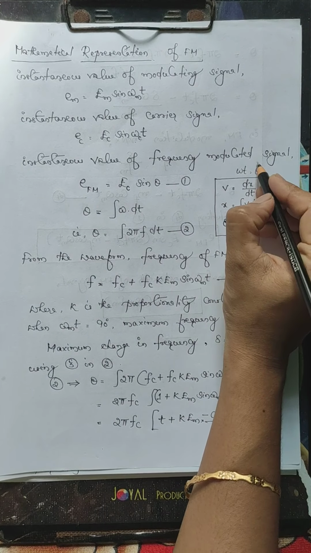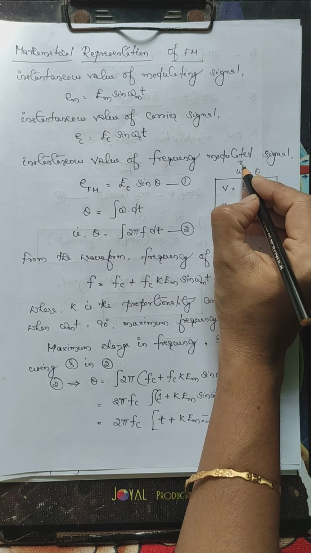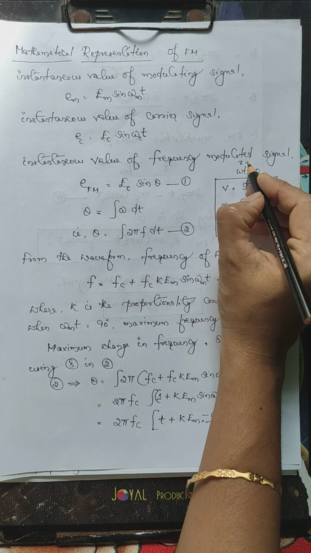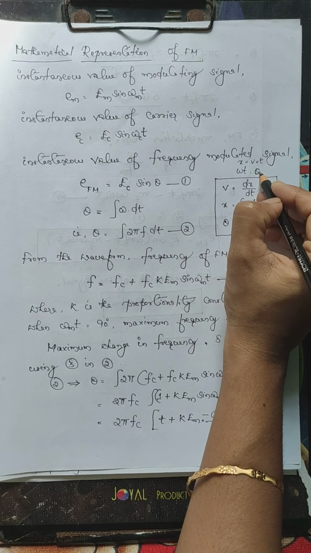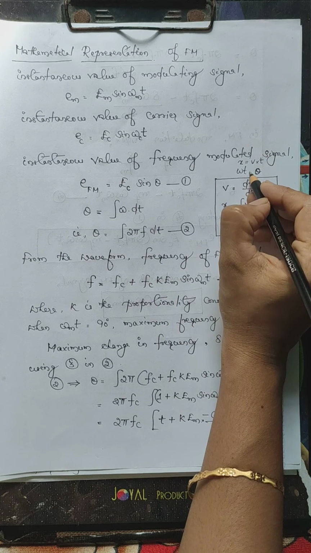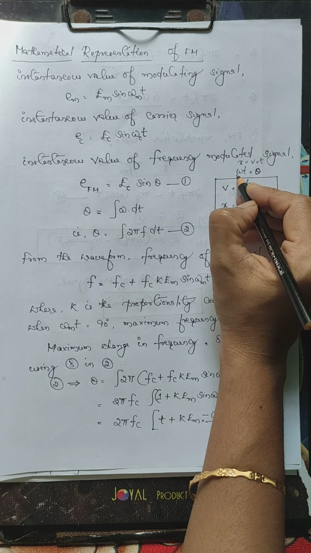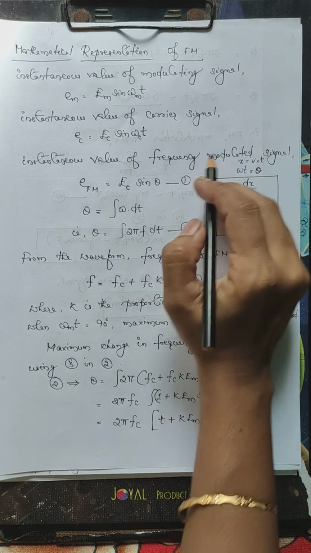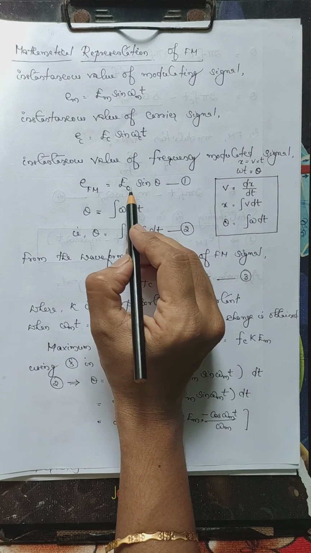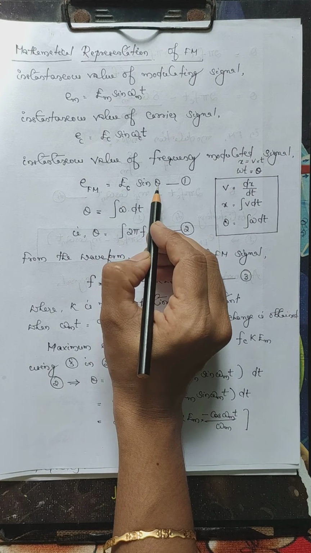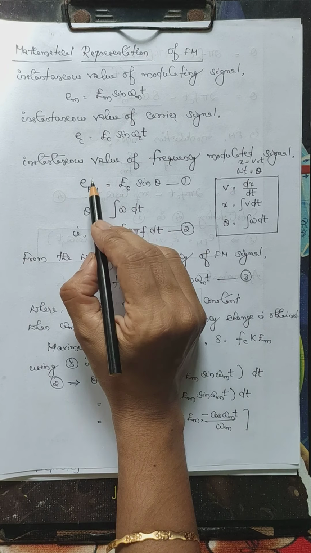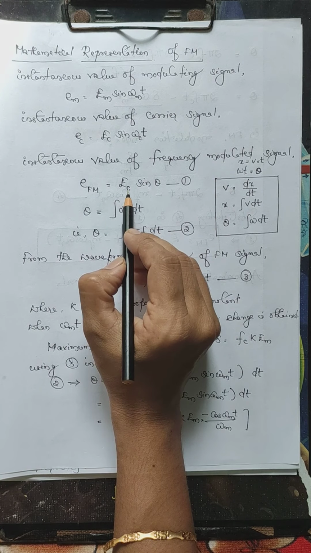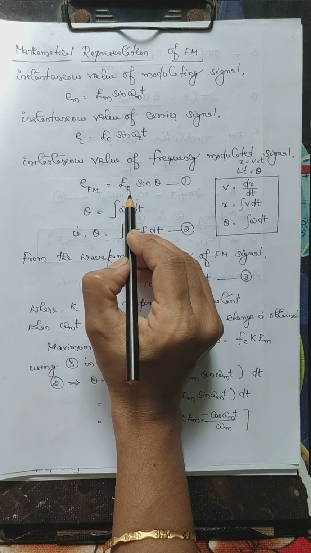In linear motion, linear displacement x is equal to velocity into time. Similarly, angular displacement theta is equal to angular velocity omega into time. So what is the maximum value of the frequency modulated signal?